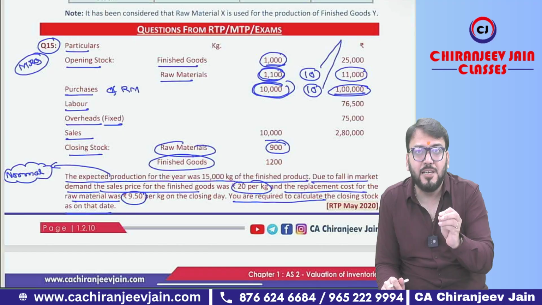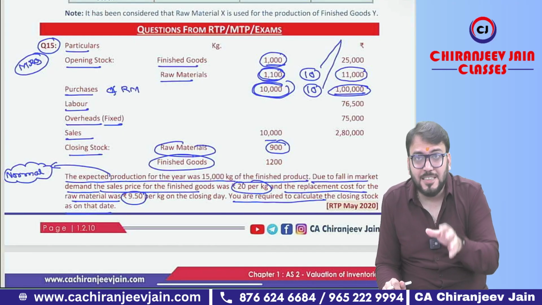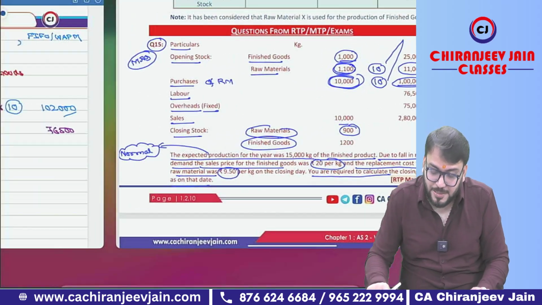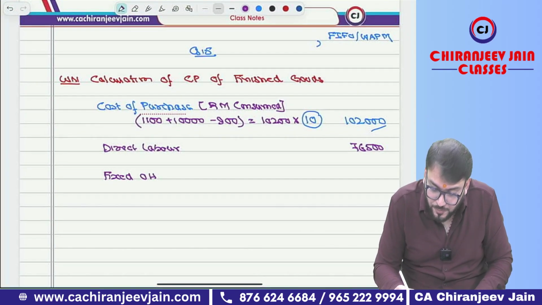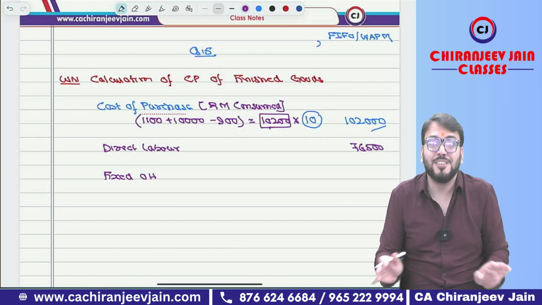Actual production will depend upon how many units of raw material you have consumed. If nothing is given, you will say out of 10,200, you will produce 10,200 only, considering there is no abnormal loss.